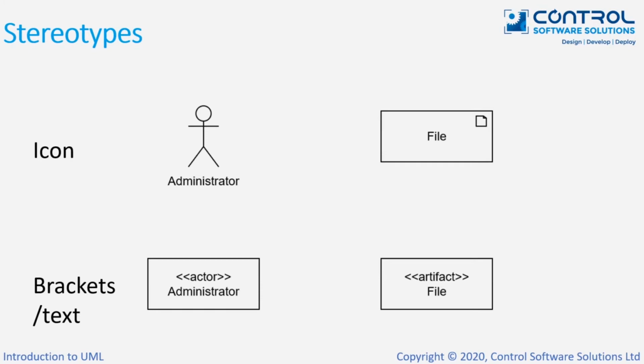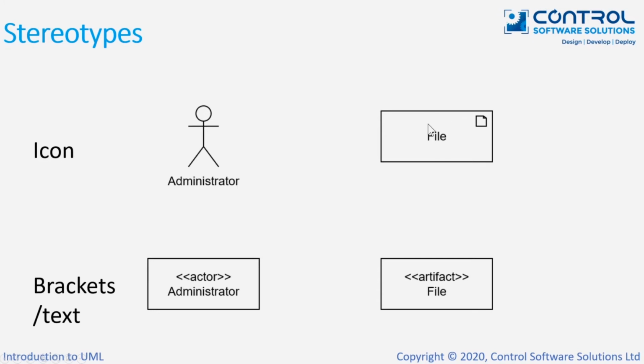That stereotype is for an actor, and on the top where I've shown the icon and the little stick man, this actor I've named administrator. It's just as acceptable to draw a box and label the stereotype as text, so actor, and then we can see that its name is administrator.